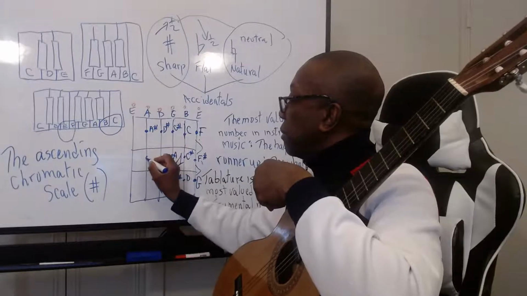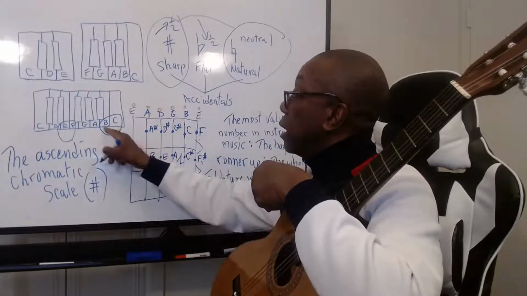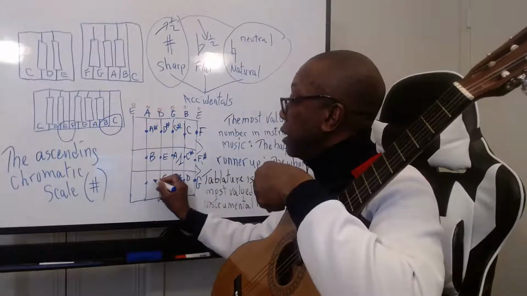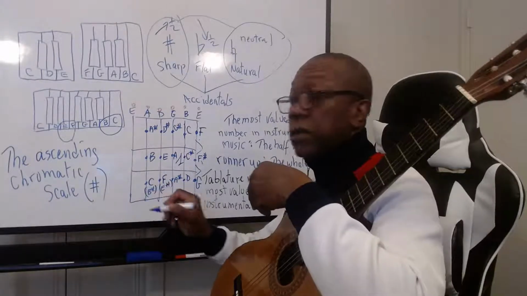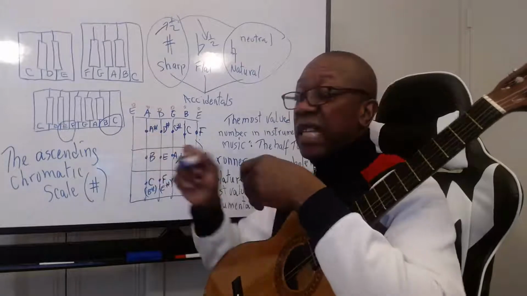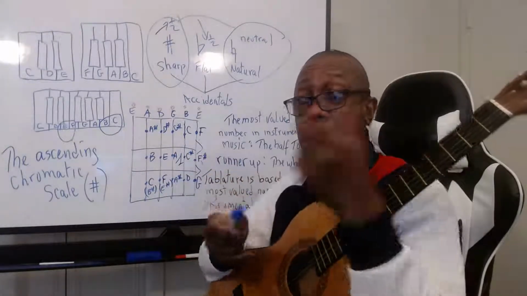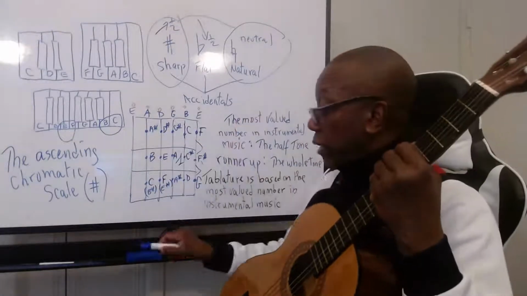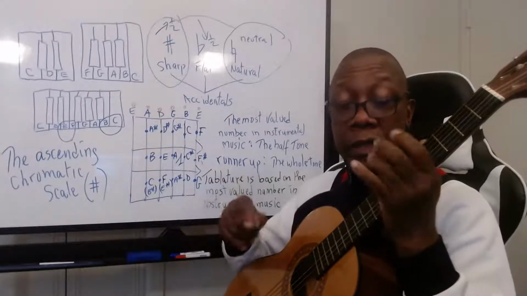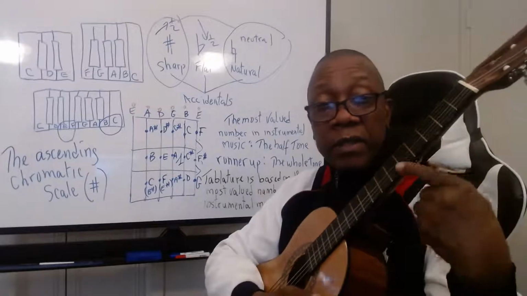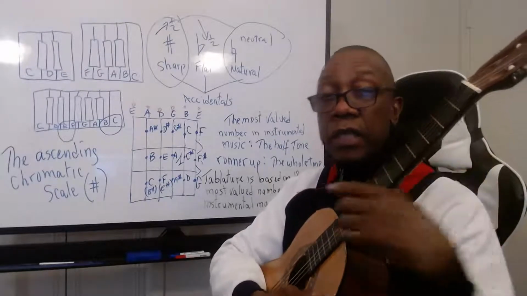After A sharp comes B. From B, it goes to C. It can also be B sharp, right? But it's C. Why? Because they do not have a black note in between, according to my keyboard. That's why it's good to learn the keyboard before learning how to play it. Know the details. It helps with various instruments, especially the guitar.